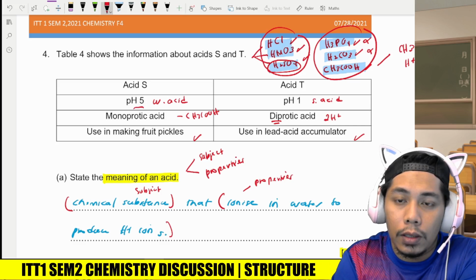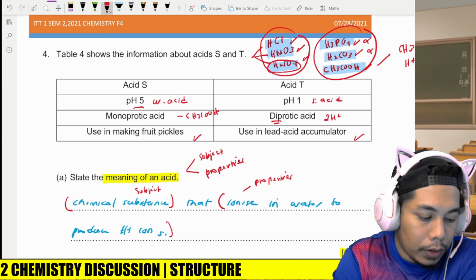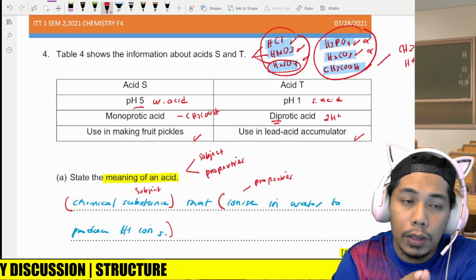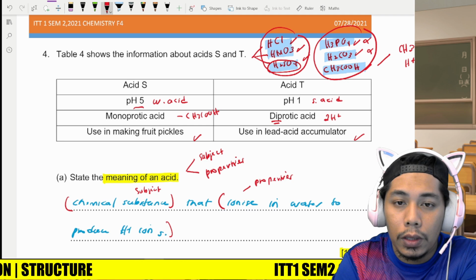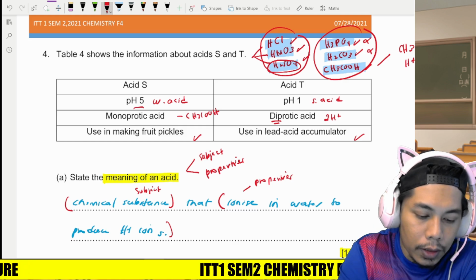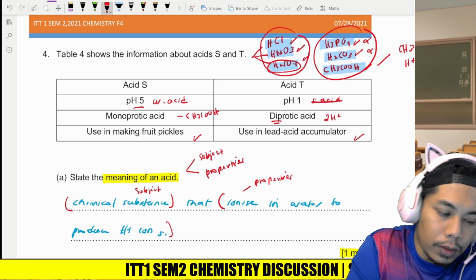Alright. So jom kita tengok acid S. S ada pH 5, maksudnya adalah weak acid. Weak acid ni pH dia daripada 3 hingga 6. Strong acid 0 hingga 2. Jadi T ni 1, maksudnya strong acid. Label saya siap. Strong acid.